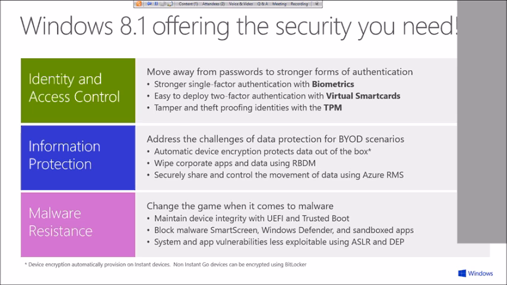RBDM, remote business data removal, is another key component, and we really want to push it so that we can securely destroy the EFS encrypted file system key, and users who, for example, leave the company are unable to access corporate apps and corporate data anymore. And one of the key investments for us is, of course, Azure RMS, Rights Management Services.